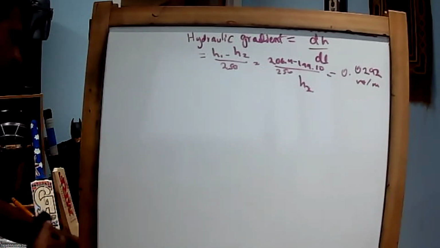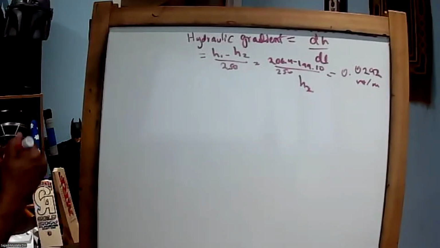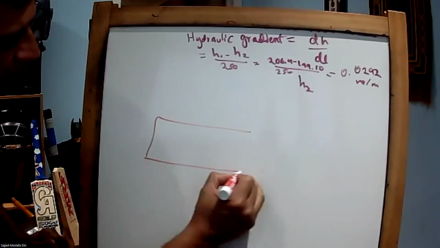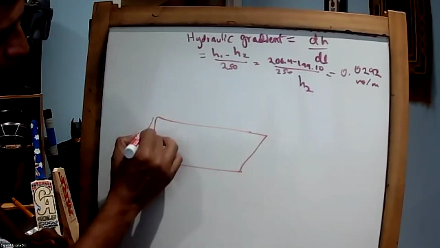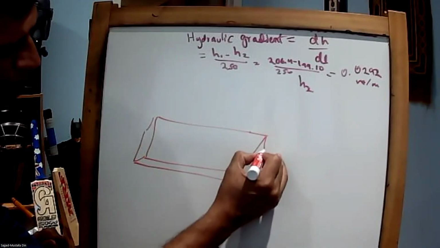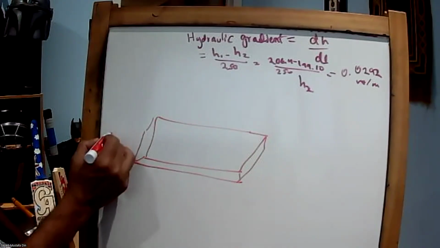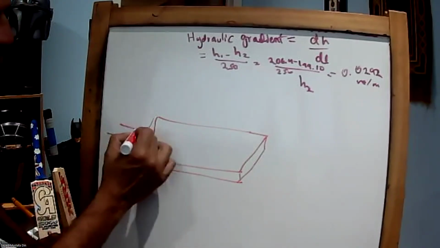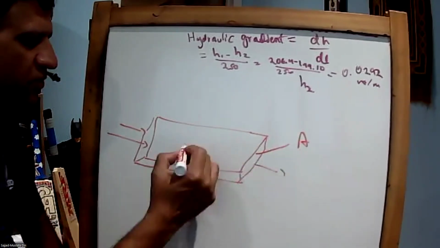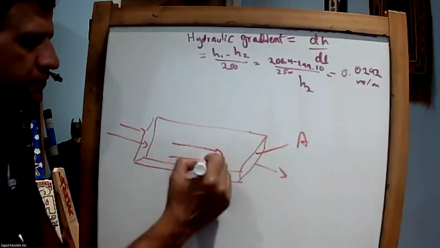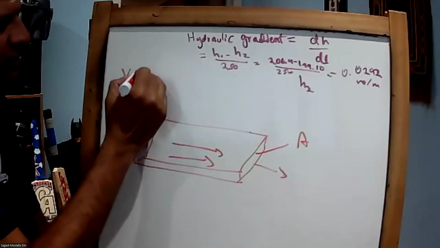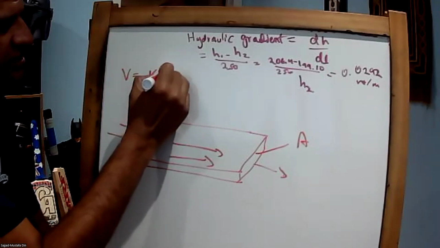The next thing I also want to mention is that if you think about an aquifer like a block, and water is flowing through it, you will have a cross-sectional area. The velocity is equal to minus K dH by dL.